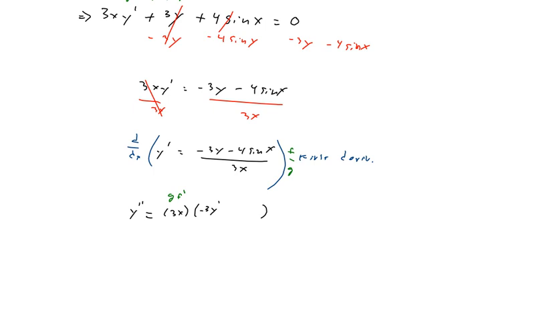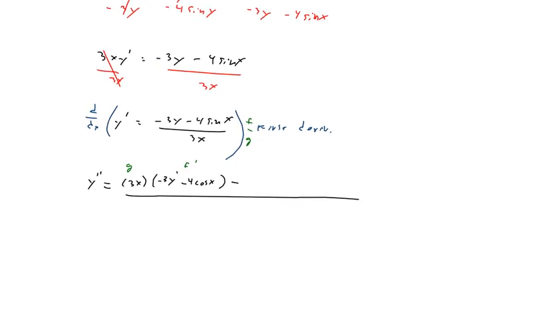Minus the derivative of 4 sine of x. 4 stays. The derivative of sine is cosine. So that's low d high. Minus high d low.